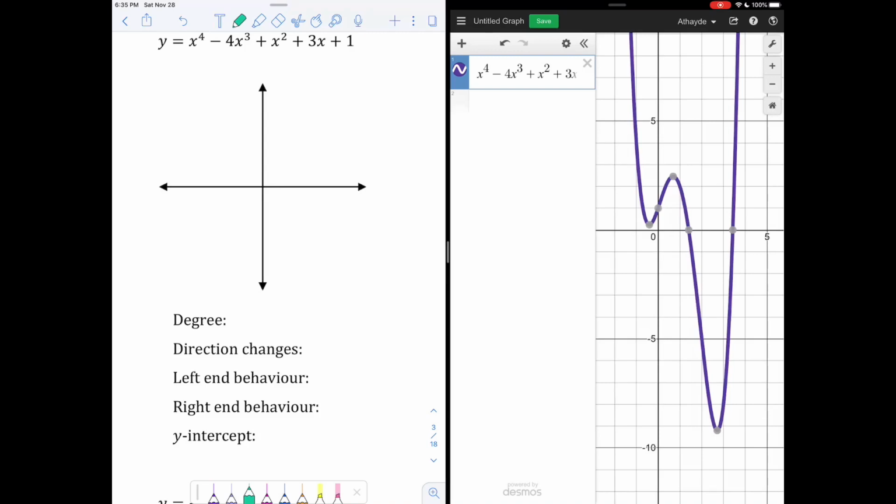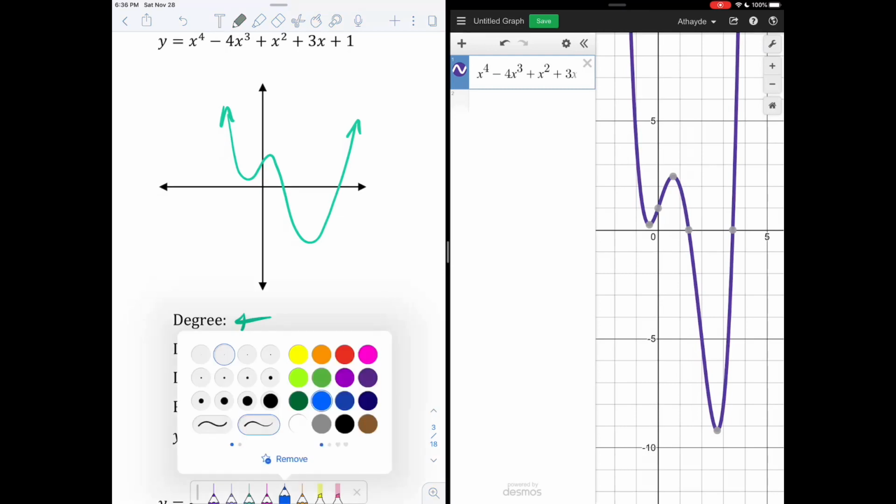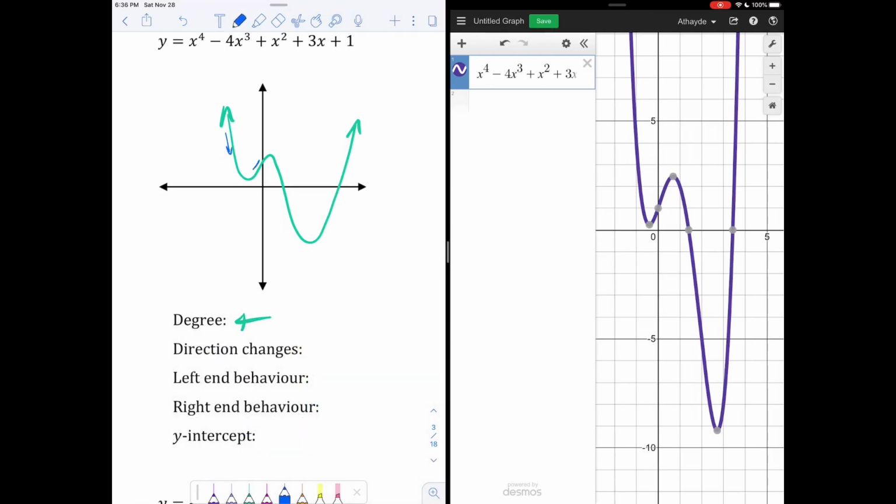So it starts way up here. Okay. So it does something like that. The degree of this thing is 4. Direction changes. First it's going down, and then it's going up, and it's going down, and then it's going up. So as we move left to right, we encounter 3 direction changes.